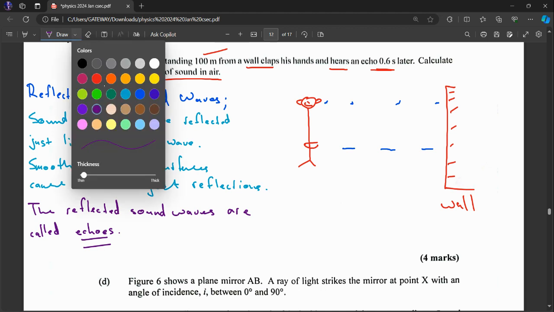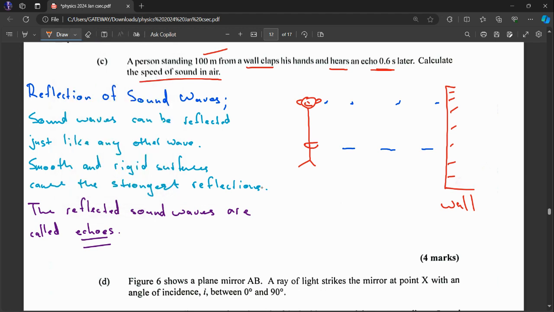So in a case like this, we have to use our formula. That is, speed is equal to distance divided by time.